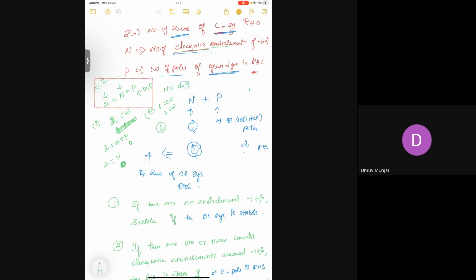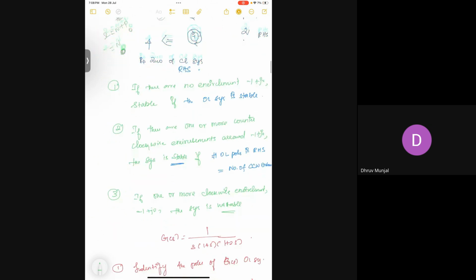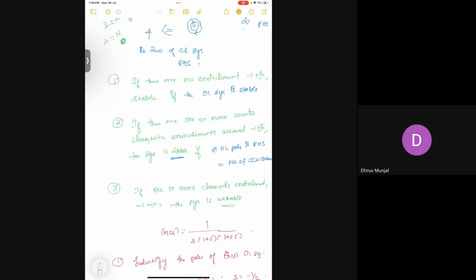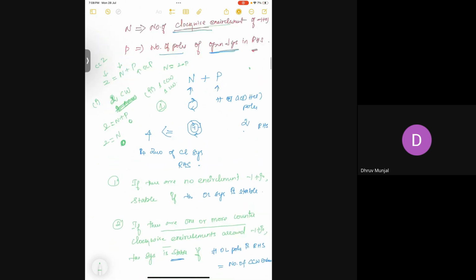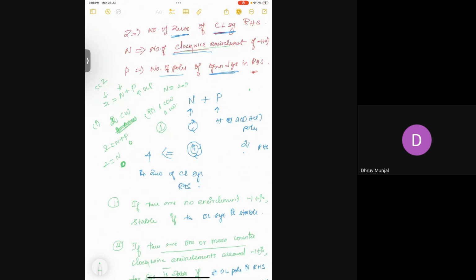According to the statement, if there are one or more clockwise encirclements, the system is unstable. Based on that, the second system should be unstable. Yes, ma'am, but there is another counterclockwise encirclement that nullifies it.